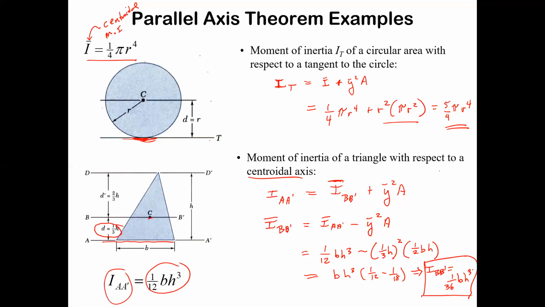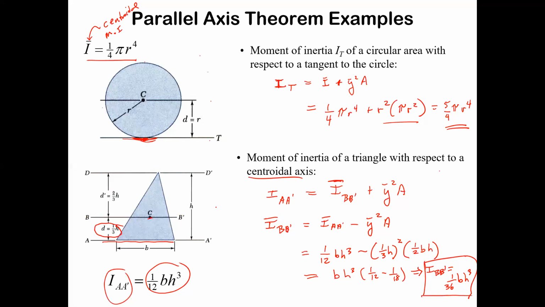So the ones with the bar: I_BB' bar is the moment of inertia about the BB' axis? Yeah, the BB' axis. You could just call it I bar.